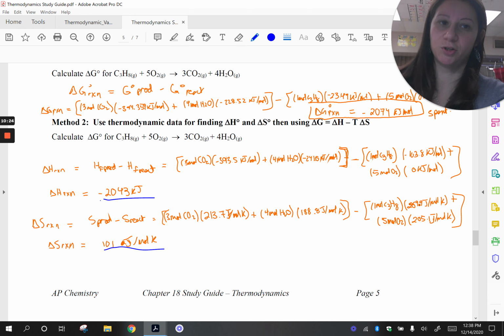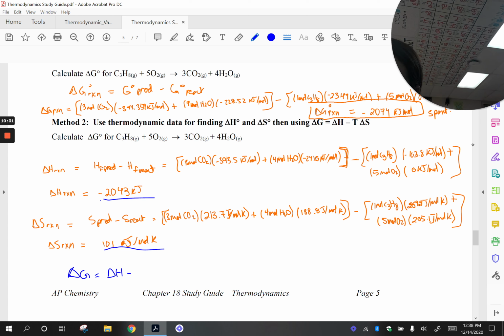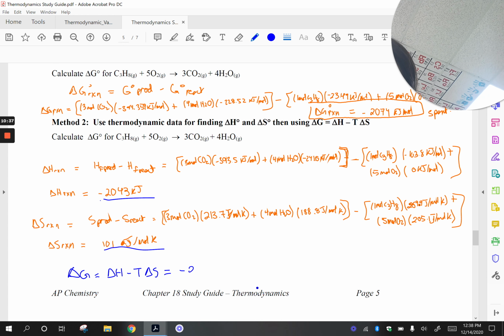But either way, once you have delta H and delta S, you could say delta G is equal to delta H minus T delta S. Delta H we got to be negative 2043 kilojoules per mole.